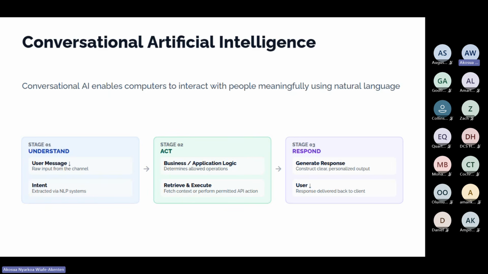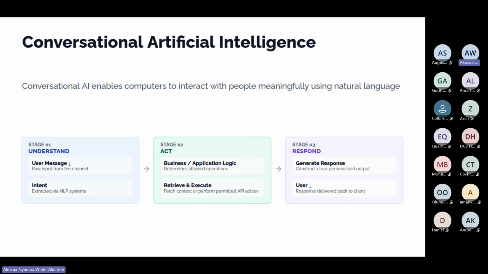Right? Then once it has that understanding, we can move into the second stage of conversational artificial intelligence systems, which is acting. Okay, so at this point, the system understands what the user wants from the first step. But then the system now needs to determine what the application is actually allowed to do.